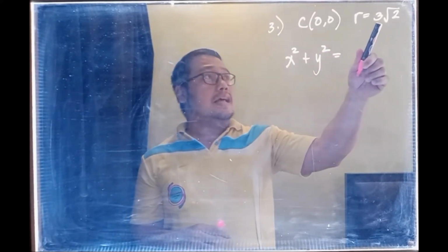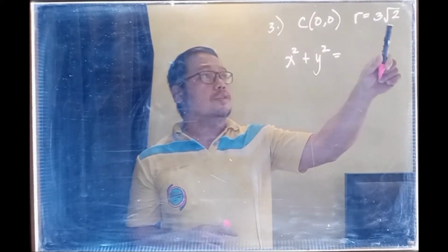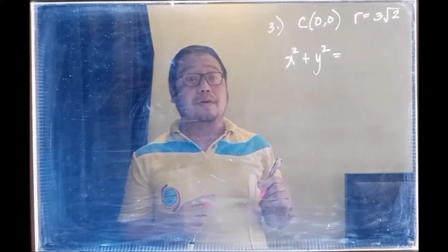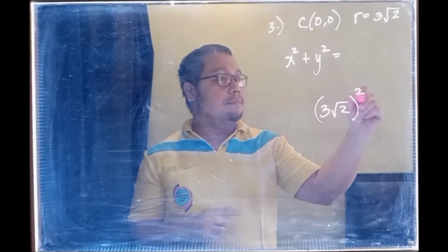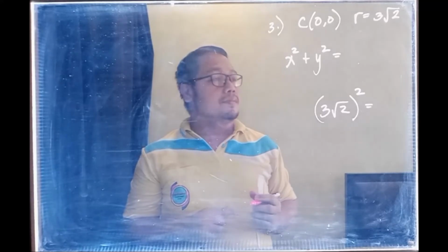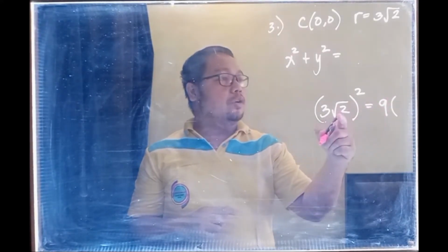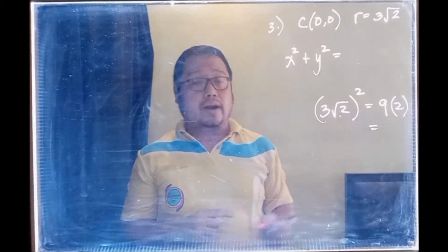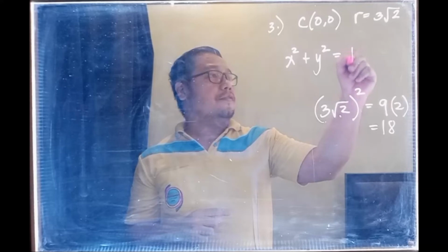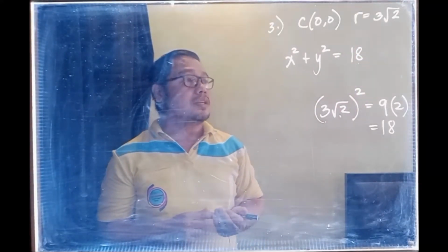You just raise this term to a power of 2. So (3 root 2) squared becomes 9 times root 2 squared, which is 2. What's the answer? Correct. It's 18. So therefore, our answer is x squared plus y squared equals 18.